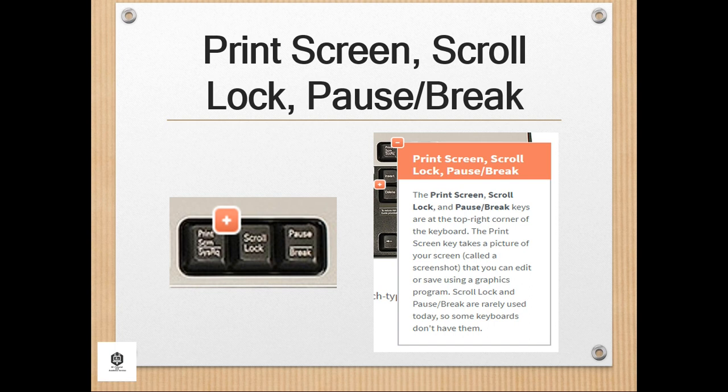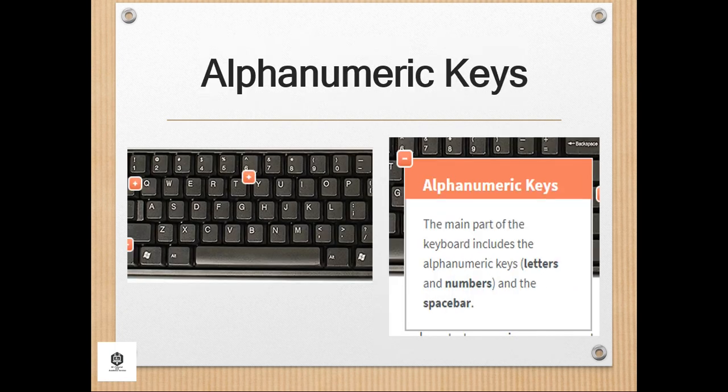Scroll lock and pause or break are rarely used today, so some keyboards don't have them. Alphanumeric keys. The main part of the keyboard includes the alphanumeric keys, such as letters and numbers, and the space bar.